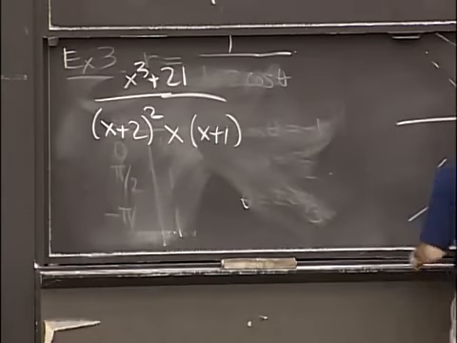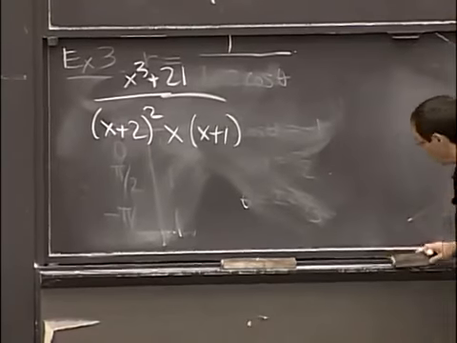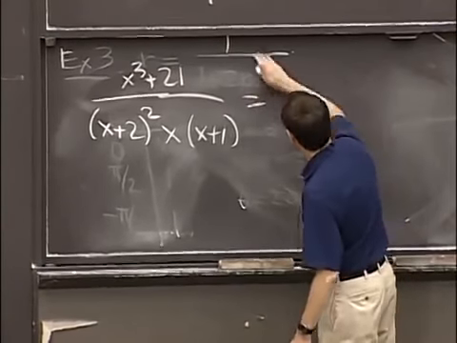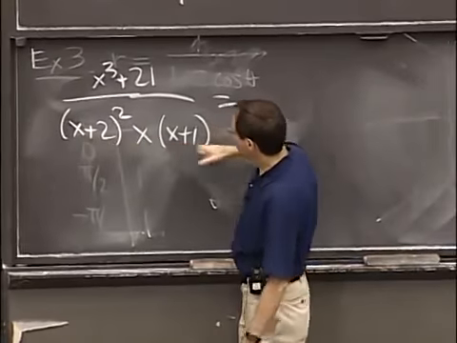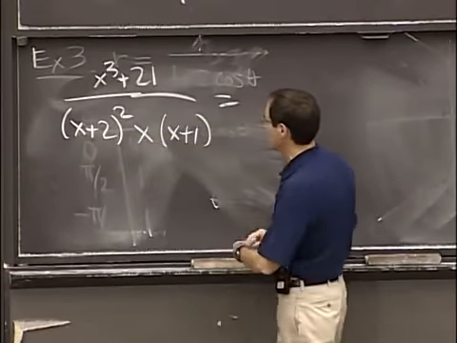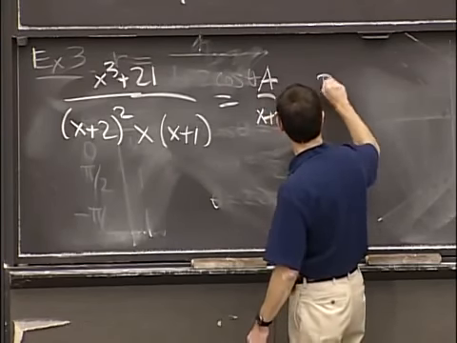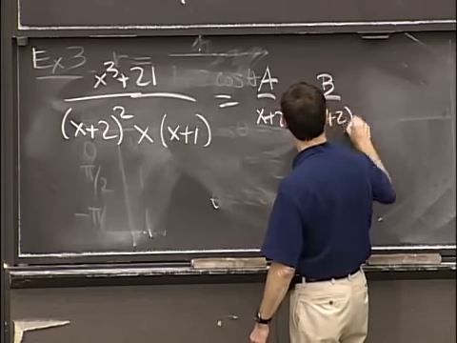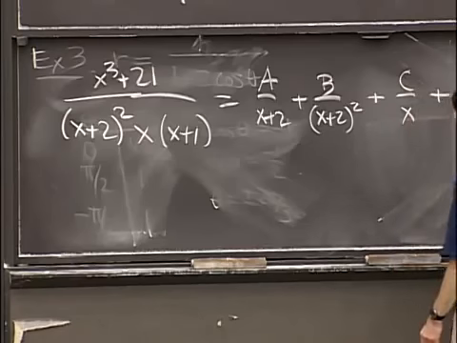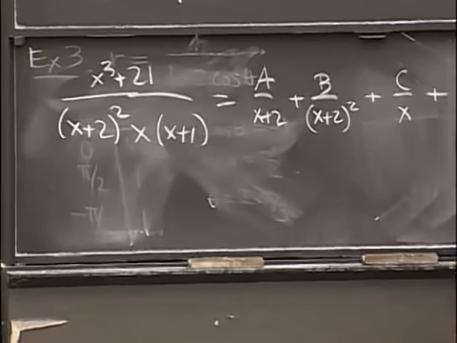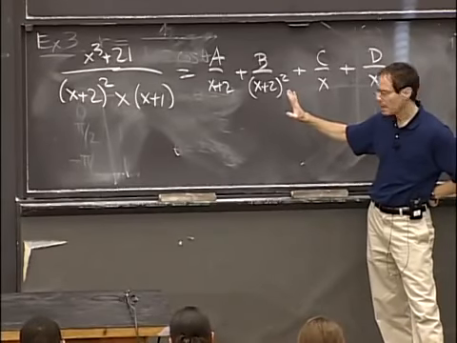What's going to happen is you're going to need a coefficient for each degree of this. So altogether, the setup is going to be this, plus 1 for x and 1 for x plus 1. This is the setup. All right?